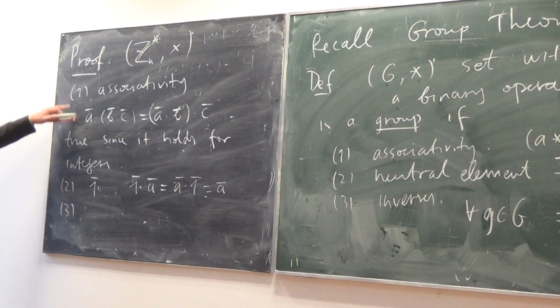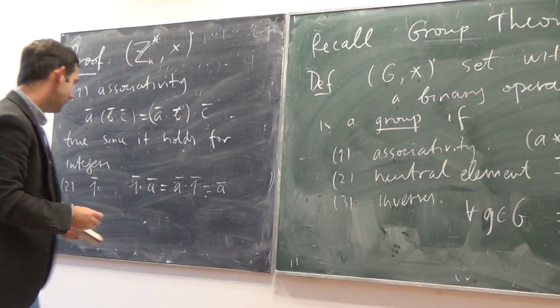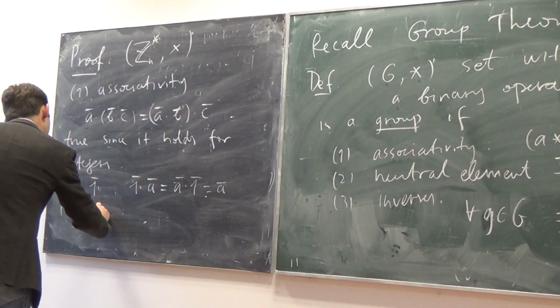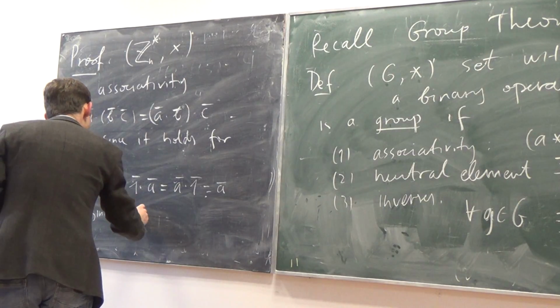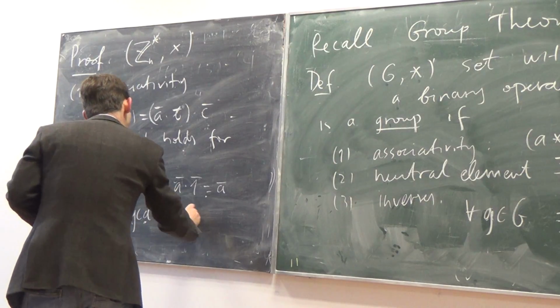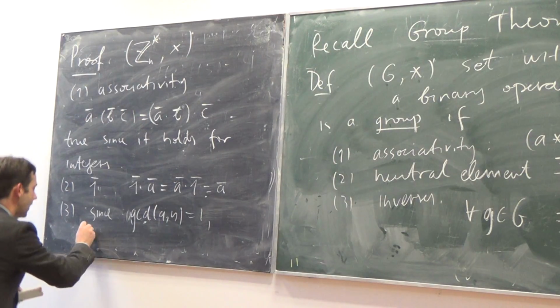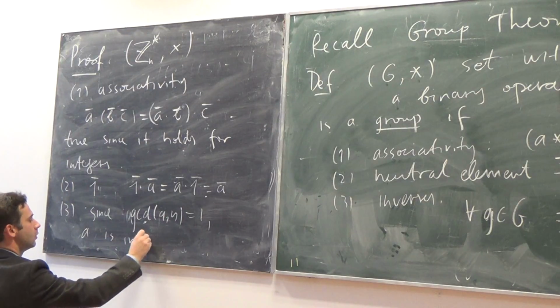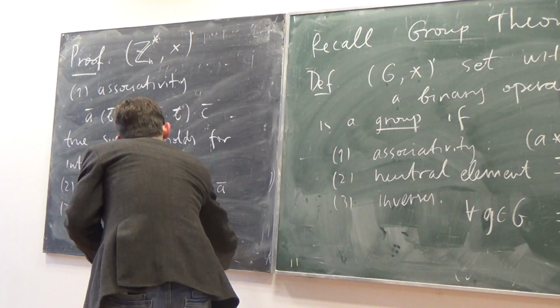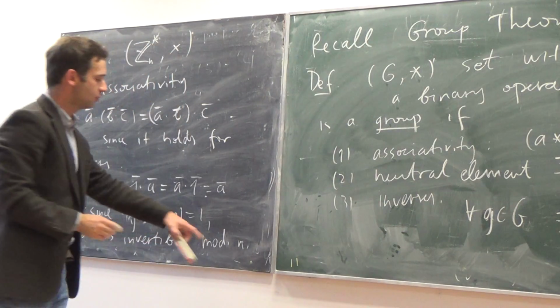So inverses, I'm checking these axioms. Inverses, this is this business about solving linear congruences. Since GCD of a and n is 1, a is invertible mod n. This is something we discussed before.